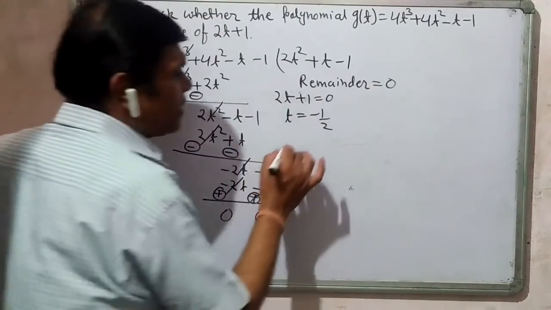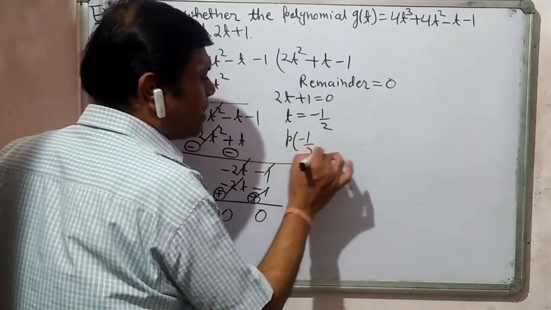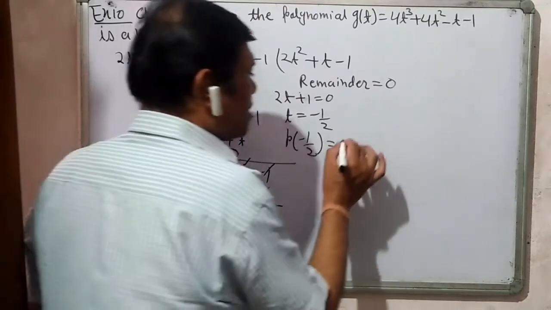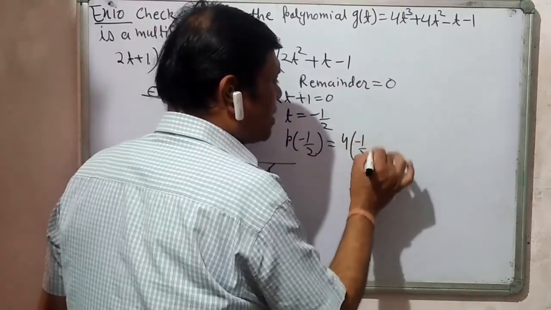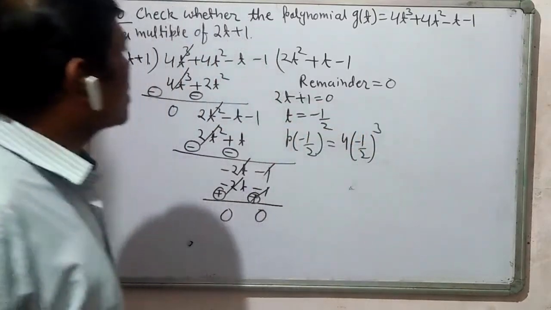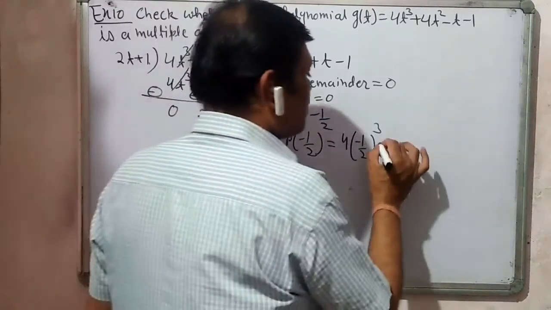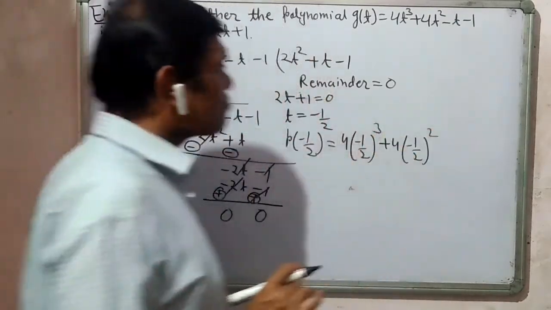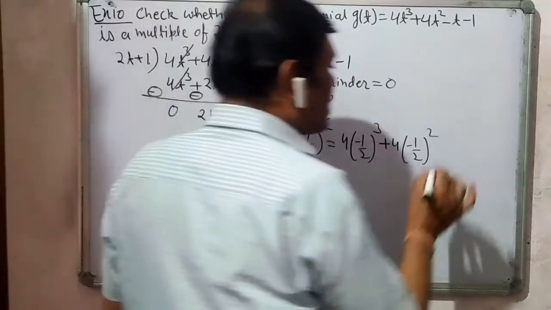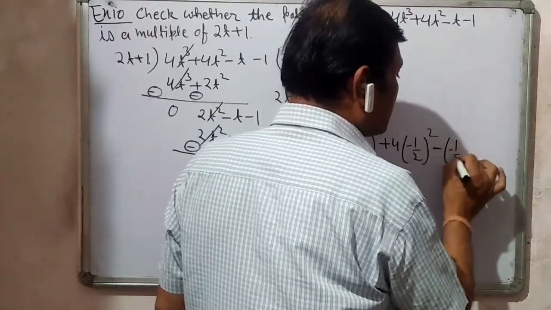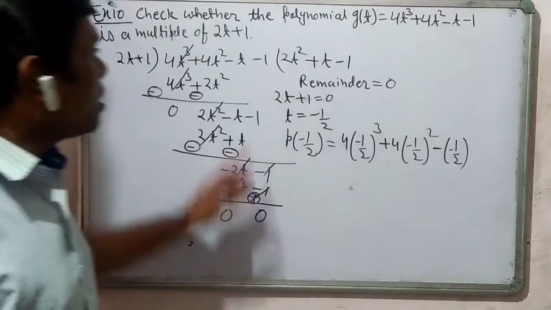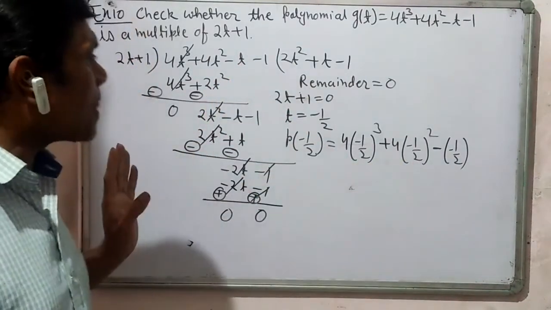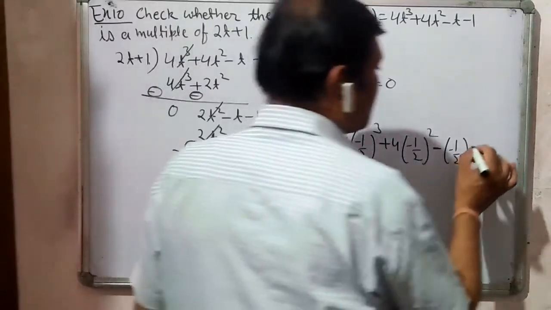We have to find the value of the polynomial at minus 1 by 2: 4t cube, that is 4 multiplied by minus 1 upon 2 cube, plus 4t square, plus 4 into minus 1 upon 2 square, minus t, that is minus of minus 1 upon 2, then minus 1.